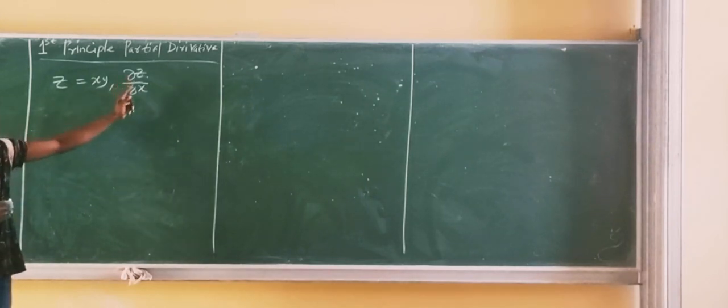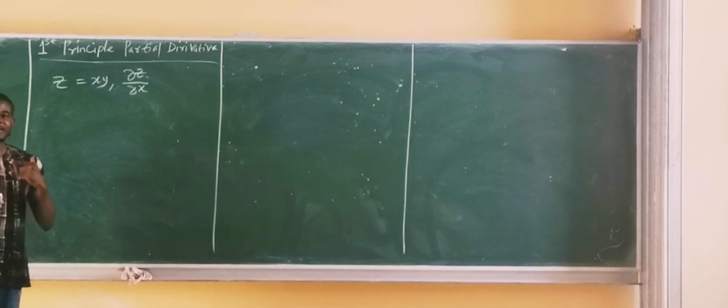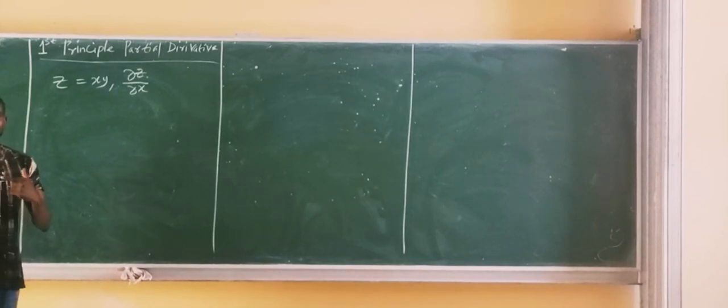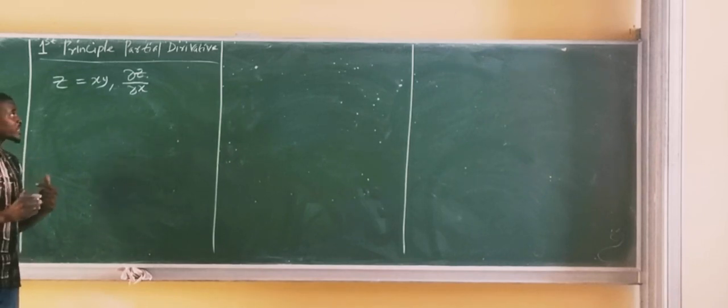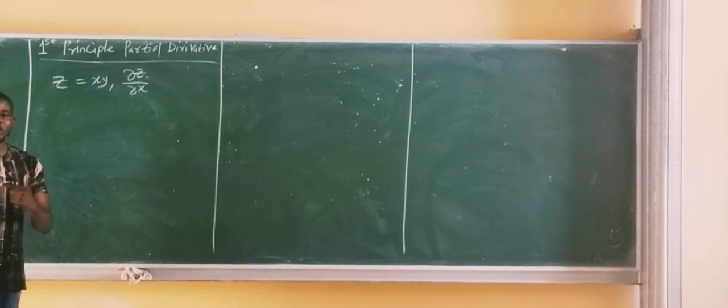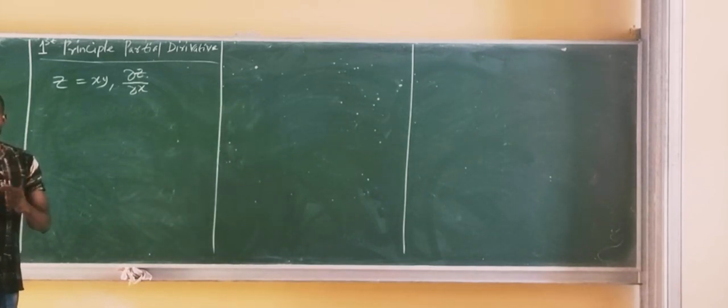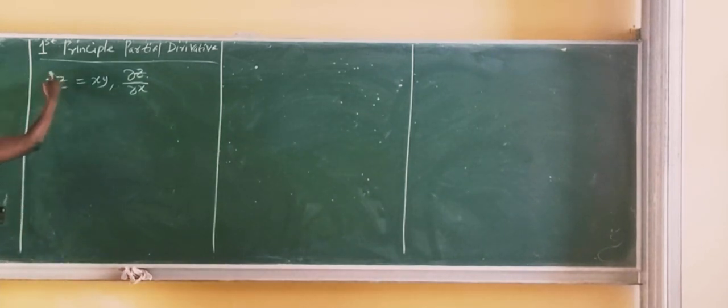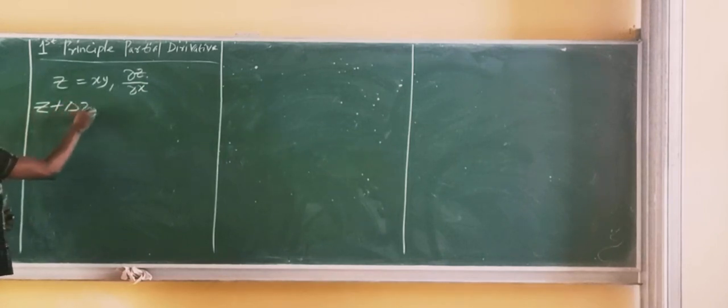So partial z with respect to x simply means that z is changing with respect to x. So y is considered to be a constant in this situation. So a little increase in the value of z will cause a corresponding increase in the value of x, keeping y as constant. Okay, so if I'm to increase the value of z by change in z, I'll have z plus change in z.